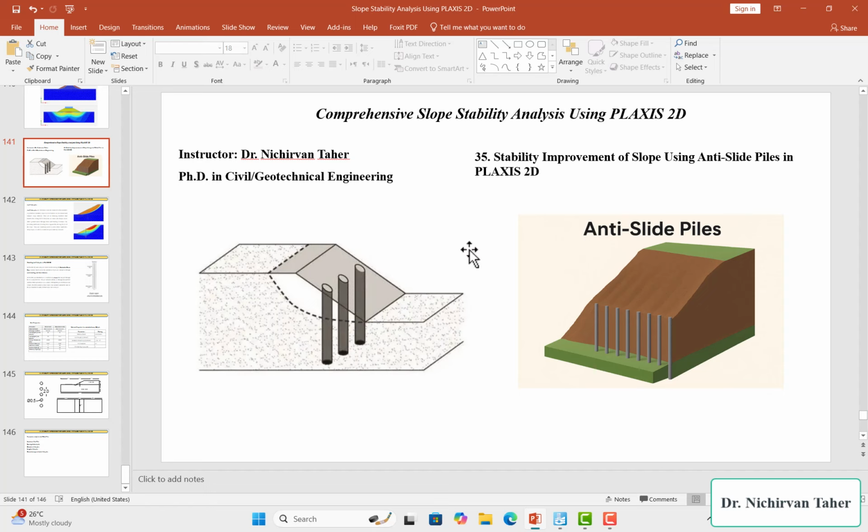In this lecture I will shortly talk about this improvement method for slope protection, how they can be modeled in PLAXIS 2D, and the material properties for this type of piles.